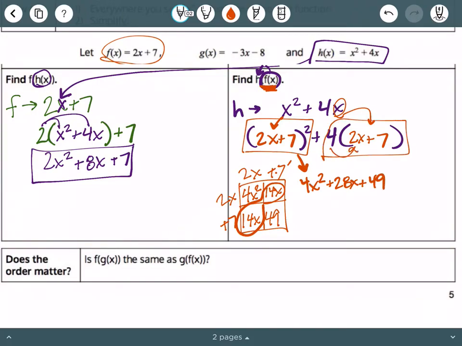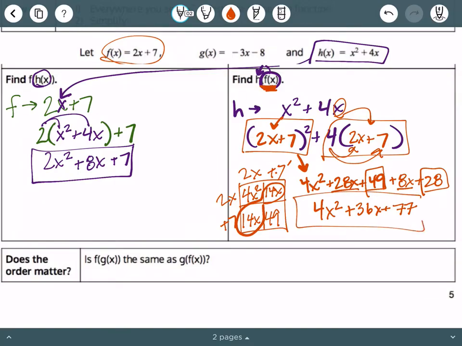So I'm going to distribute in plus 8x, and in here plus 28. Finally, I'm going to combine my like terms. 4x squared plus 28 and 8 is 36x. 49 and 28 would be 77. That would be my final answer.